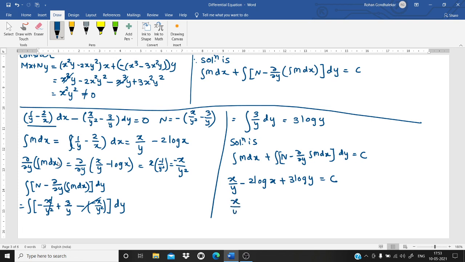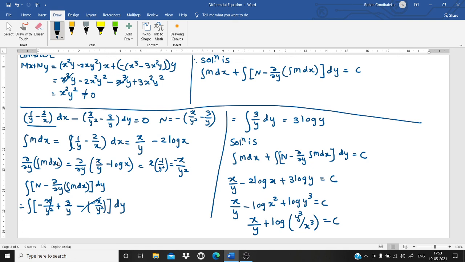So this can be written as x upon y minus log x square plus log y cube is equal to c, which can be written as x upon y plus log of y cube upon x cube is equal to c by using the laws of logarithms. One can write in this way.